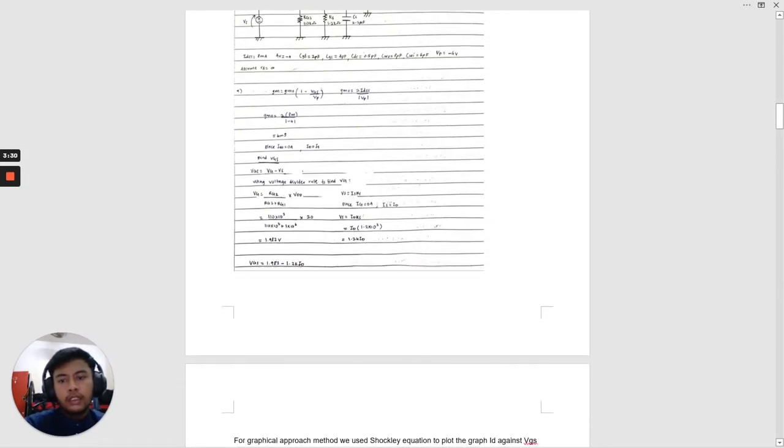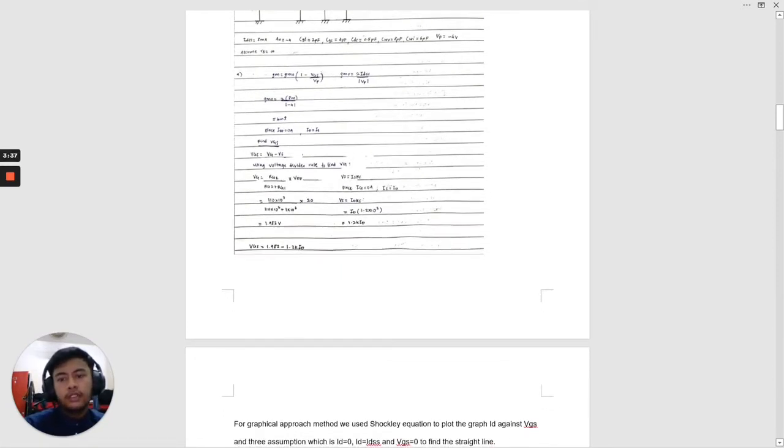So VG is RG2 over RG2 plus RG1 times VDD. Then we substitute the values, and we get the answer 1.982 volts.